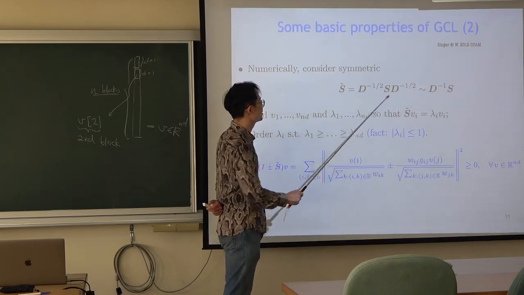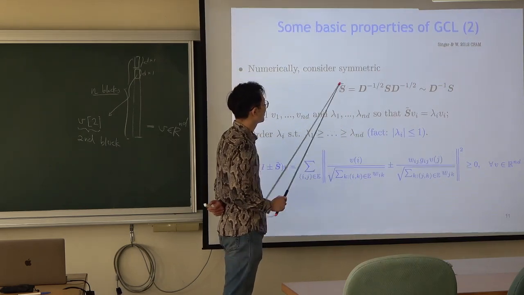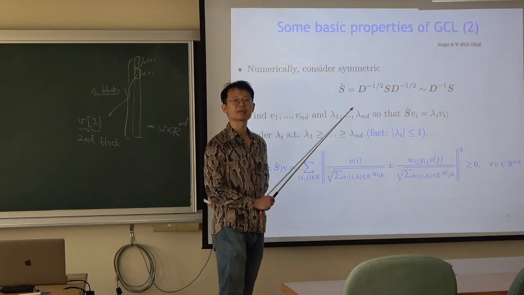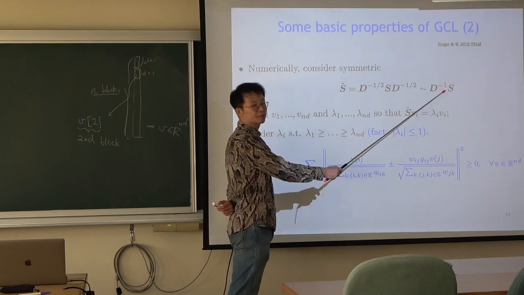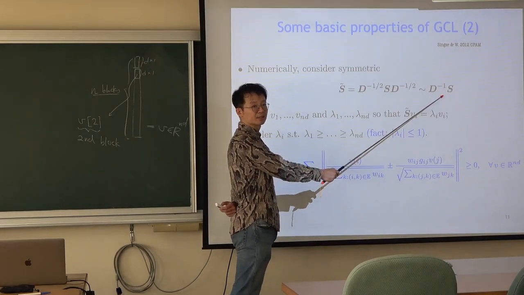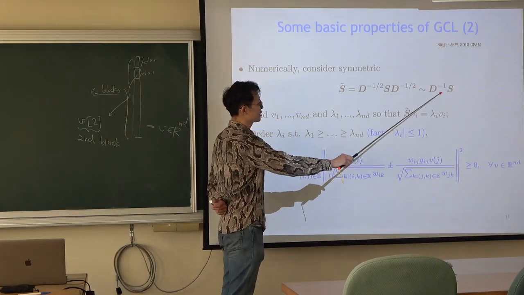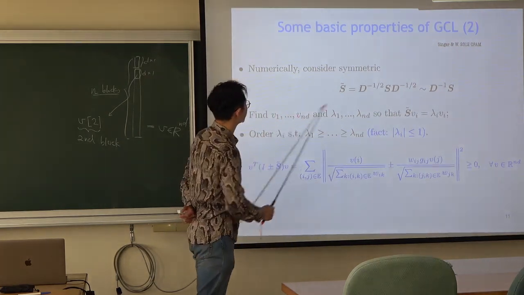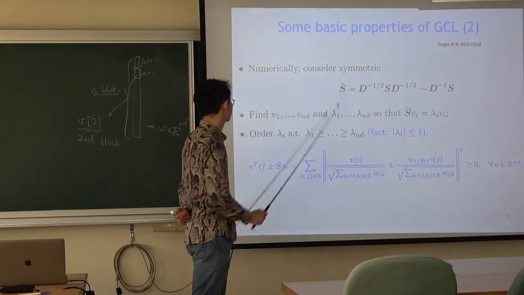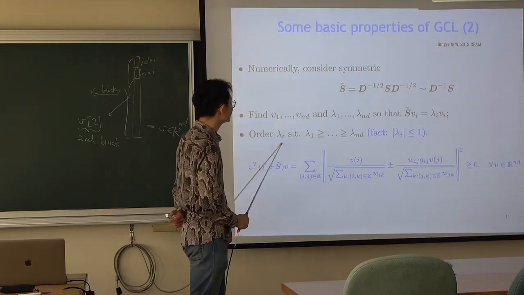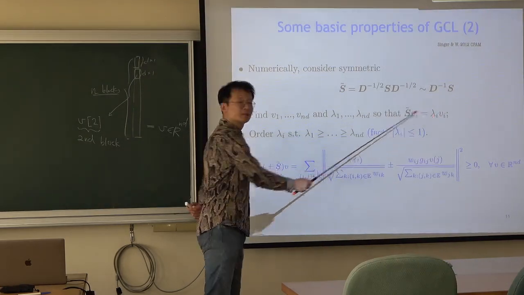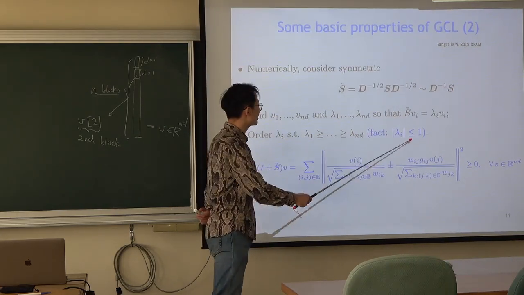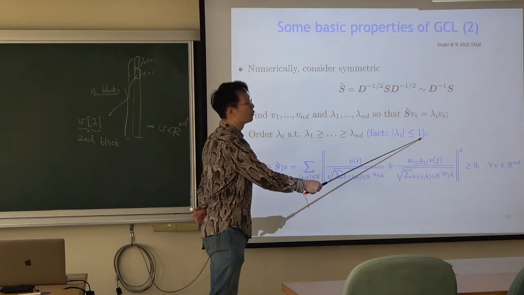So you can do eigenvalue decomposition of S tilde and multiply by D minus half to get the eigen decomposition of D inverse S. This is exactly the same thing as we did before in graph Laplacian. So you can find all the eigenvalues and eigenvectors from S tilde. Now if you order the eigenvalues lambda j in decreasing order, you can prove lambda i will always be bounded by 1.